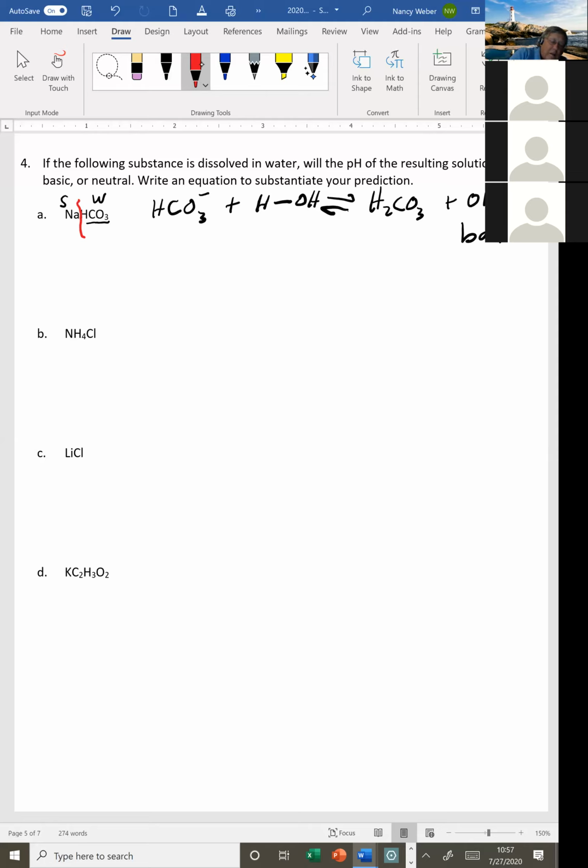Ammonium chloride. Let's separate the anion from the cation. Now, ammonium ion, is that part of a strong base or a weak base? Okay, it's a weak base. How about chloride ion? Strong or weak?